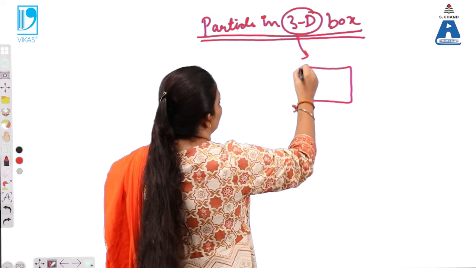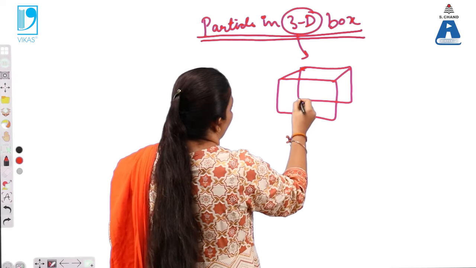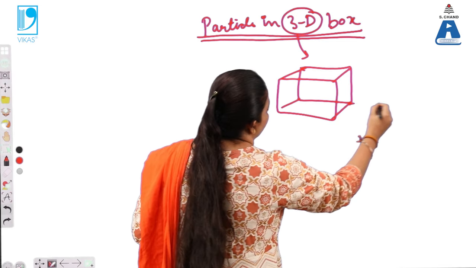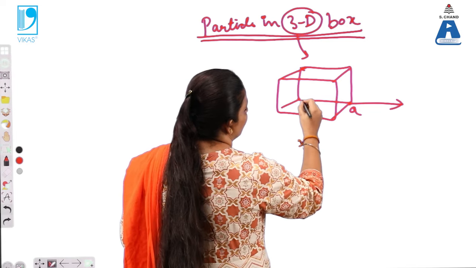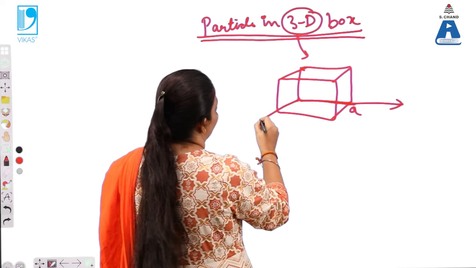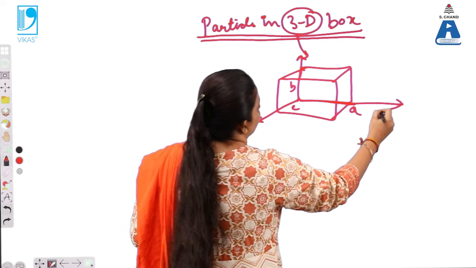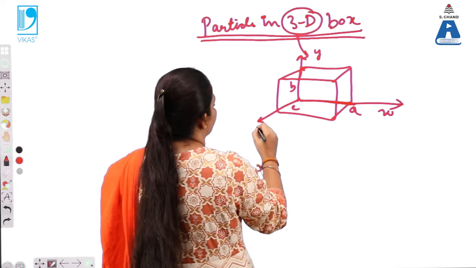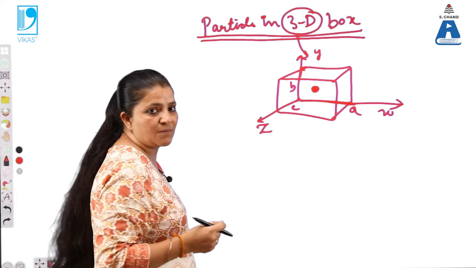So if this is a three-dimensional box, this length is A, this is C, and this is B, along the x-axis, y-axis and z-axis, and the particle is trapped in this box.